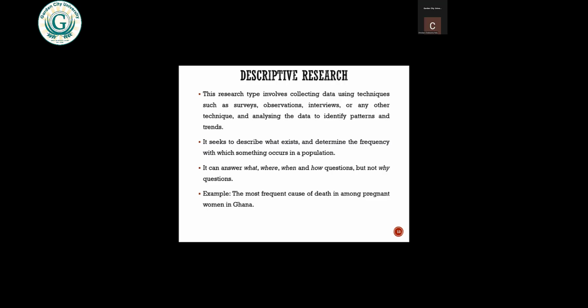You are looking into an experience, and you are describing and identifying trends and patterns within that experience. So that is what we call a descriptive study.